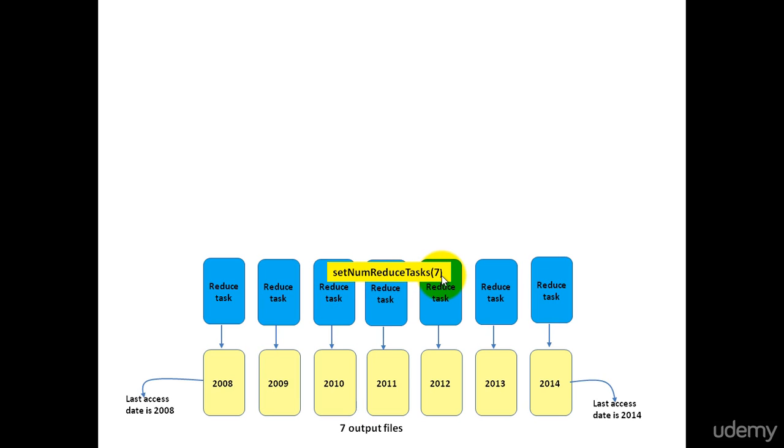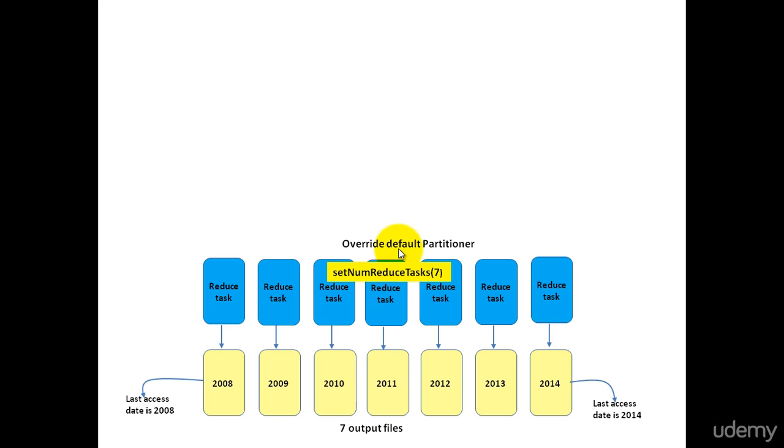Now how do we partition the data such that all the records whose last access date is 2008 go to one file, and all the records whose last access date is 2014 go to another file? This is where we have to modify the default partitioner class.